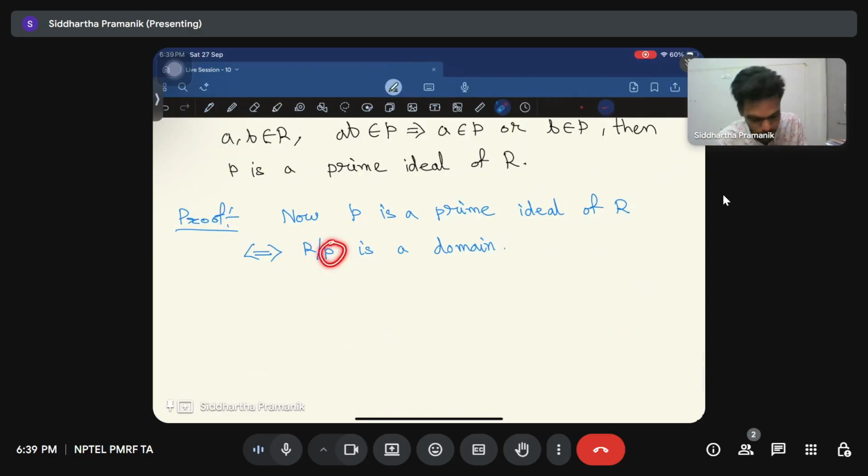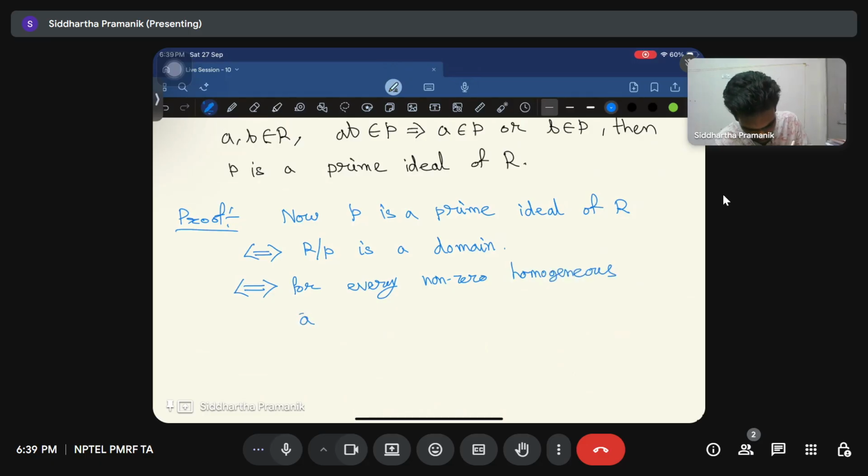Now P is a homogeneous ideal, so R mod P is an N-graded ring. Now by the earlier result, this is true if and only if for every non-zero homogeneous A bar, B bar belonging to R mod P, A bar times B bar is not equal to 0.